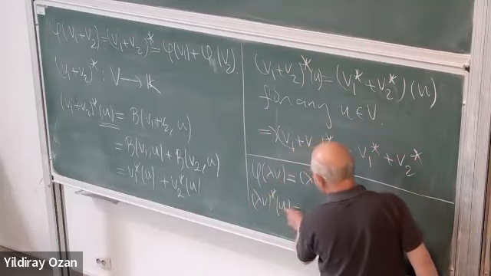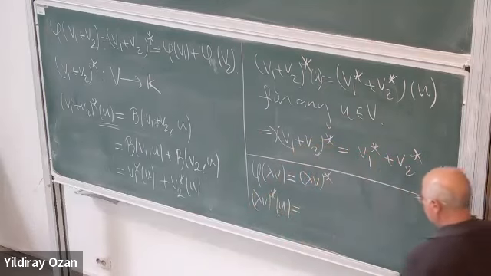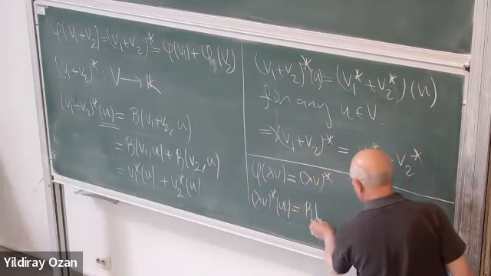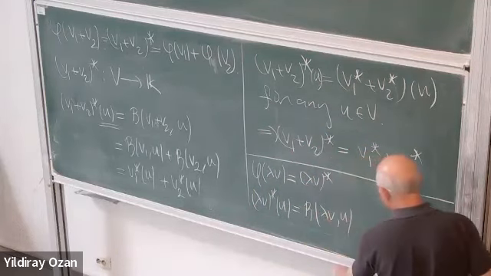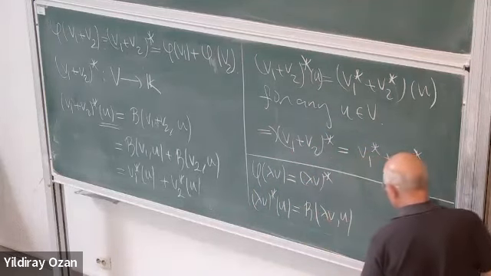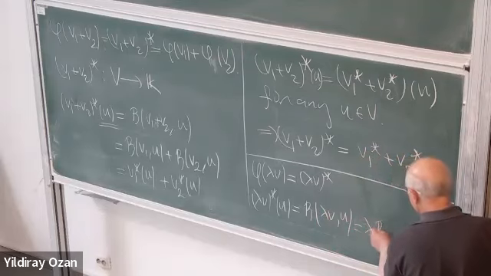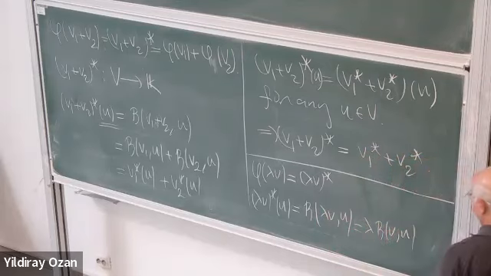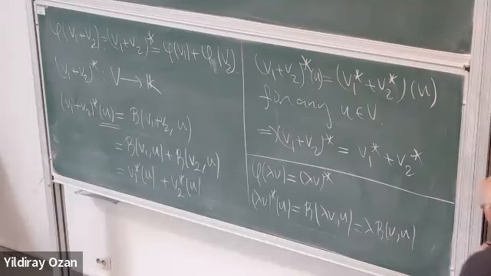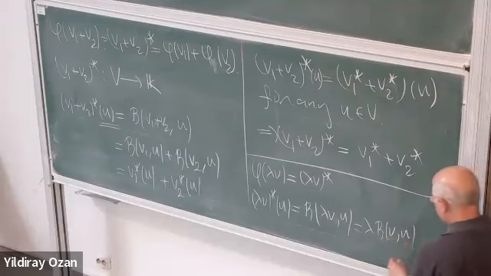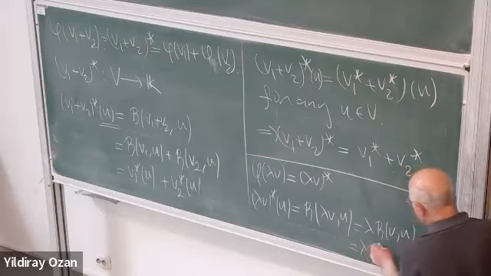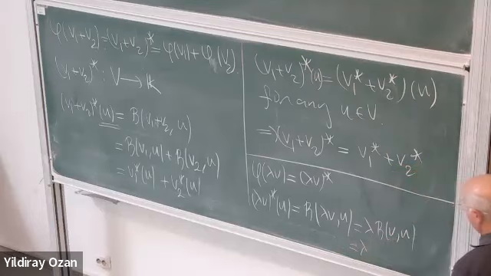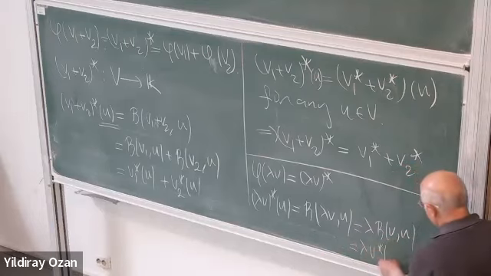For any element, this is just D of lambda B, but this is just lambda times D of U, and what is this gadget? This is just lambda times D star of U.